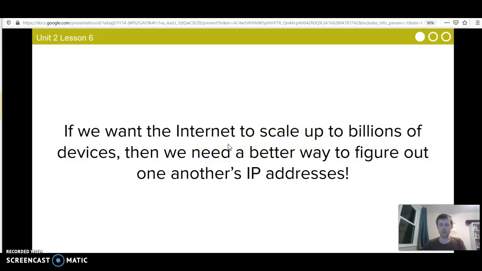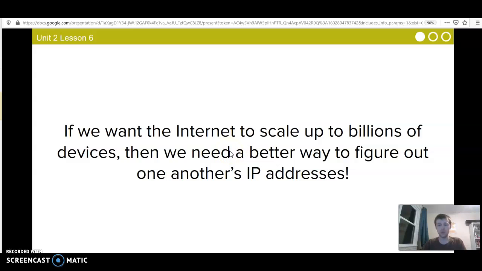So the first thing we started with is this idea of a DNS. DNS stands for Domain Name Service, and its function is to allow us to share our IP addresses without everyone having to memorize everyone else's. There's a dedicated computer out there. In fact, there are hundreds of dedicated computers whose only job it is to keep track of people's IP addresses and send them to anyone who asks.